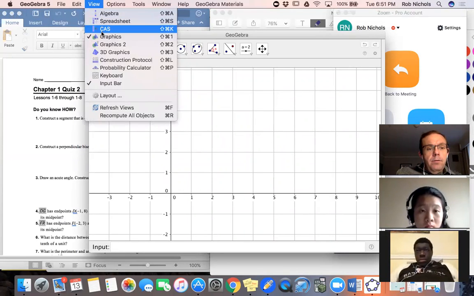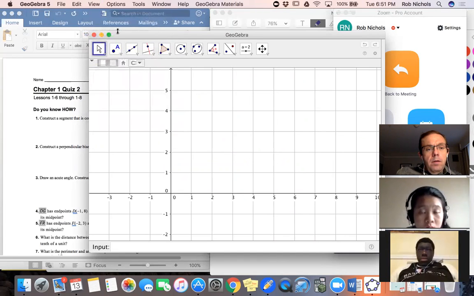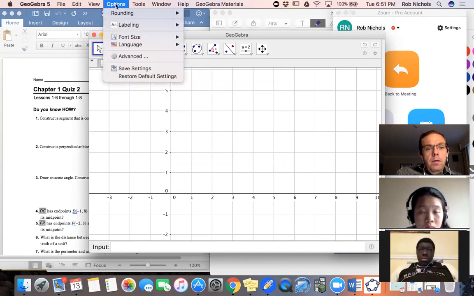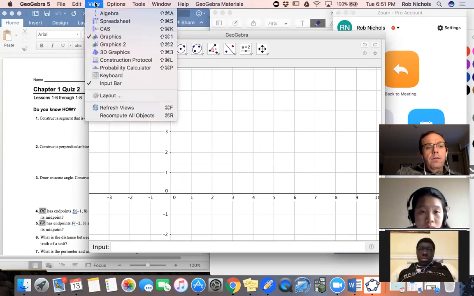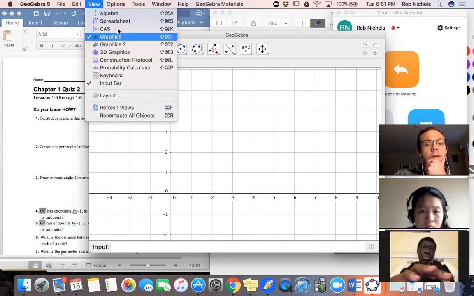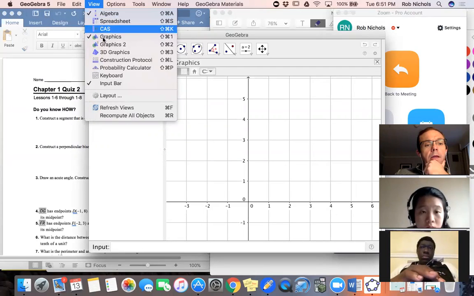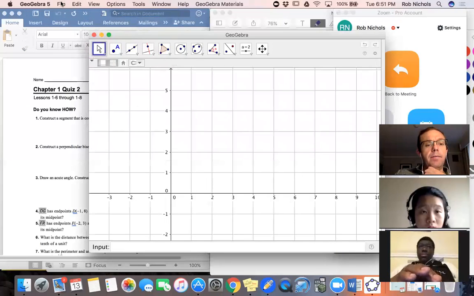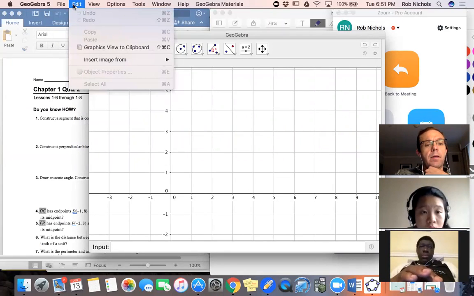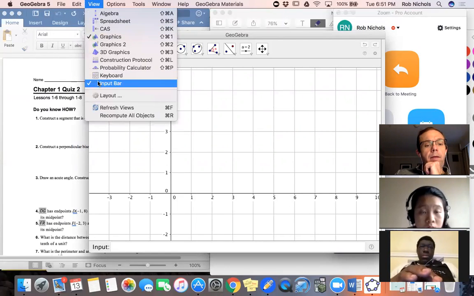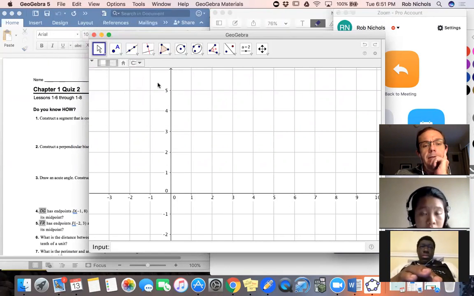Spreadsheet cast, let's just do, I'm not seeing how I can get off of this background. Take that off, okay. Input bar is good. Let's see what's layout. Maybe I could change this back.